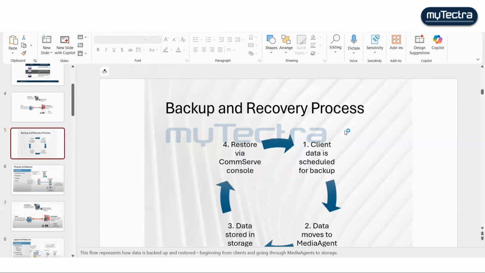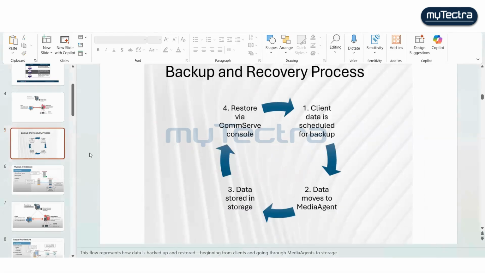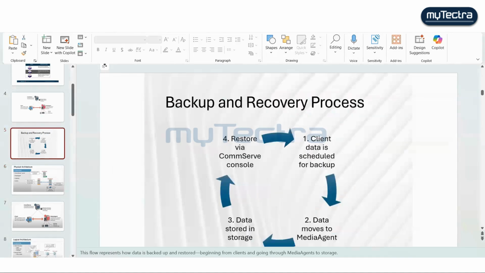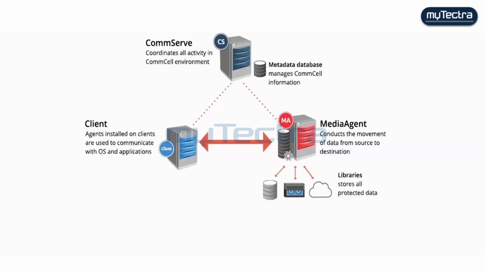Okay, now I got the point. In a way we can say that this media agent is also handled through Commserve only. It is like a bridge in between, an intermediate, but it is also ruled by Commserve only. Commserve is keeping all the activities.